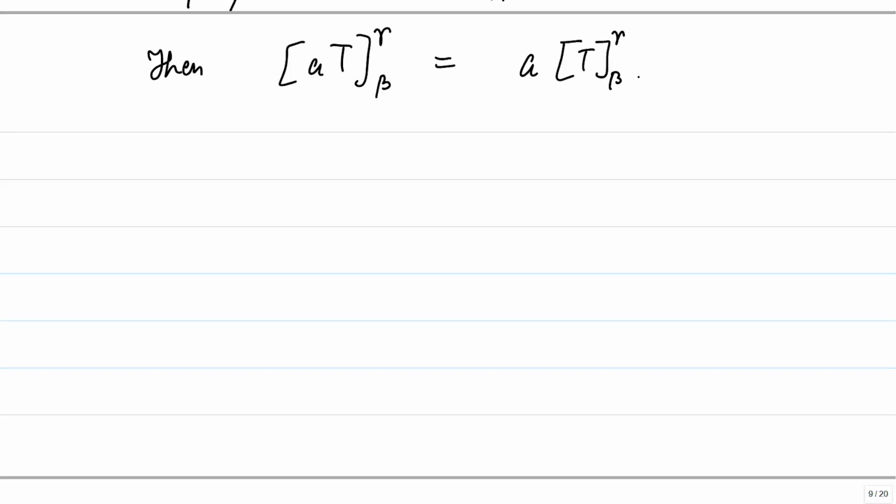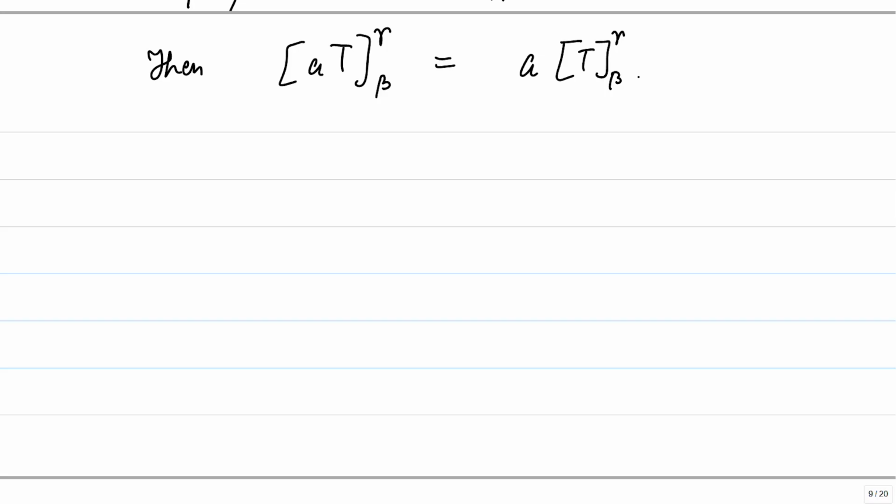Alright, so we have now talked about how the matrix associated to a linear transformation behaves when we add two linear transformations. We have also given as an exercise how the matrix behaves for the scalar product of a scalar with a linear transformation.